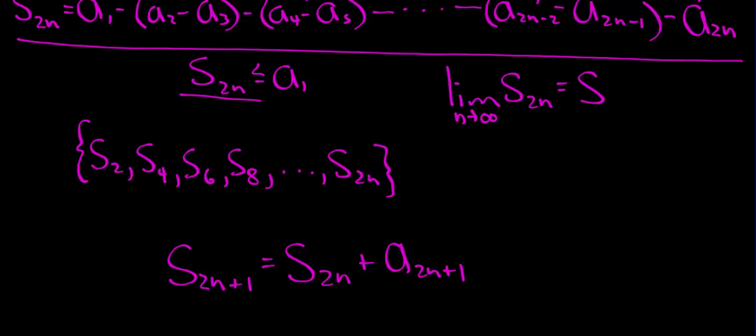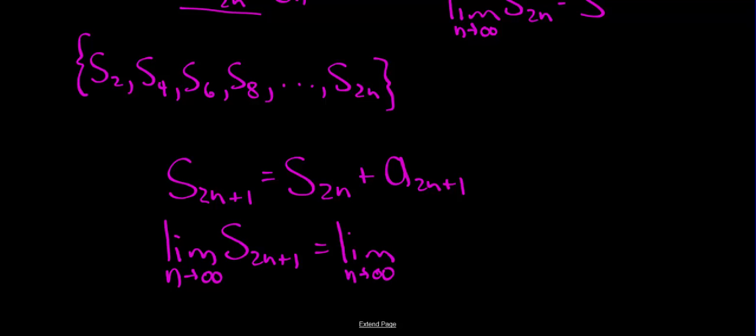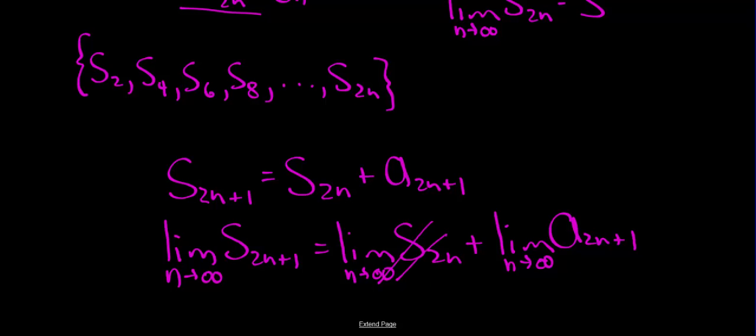Now, what do we have at this point? Let's go ahead and try to take the limit. Let's take the limit as n goes to infinity of S sub 2n plus 1. Well, that's the same as the limit as n goes to infinity of S2n plus the limit as n goes to infinity of A2n plus 1. Now, we've already found that this limit right here is S. And we also know that this limit is 0.